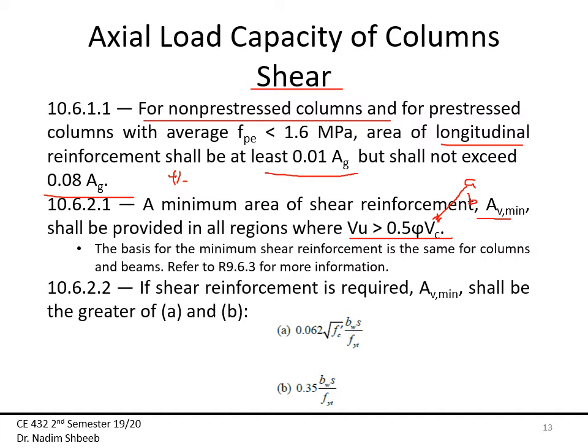All right, now what it's telling me here, if shear reinforcement is required, then Av minimum shall be the greater of A, and we use that, and B, and we use that in the design of shear for beams. Okay, my advice, always use shear reinforcement in columns, even if you don't need it. Even if your Vu is less than half phi Vc, just use Av minimum. You're not going to regret it.